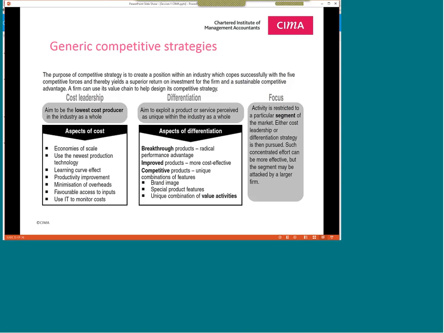What about differentiation? When the organization is following this particular strategy? When the market has high competition, then if they can't go for the cost leadership approach, then they add more things to the good, or they change the product in a different way.